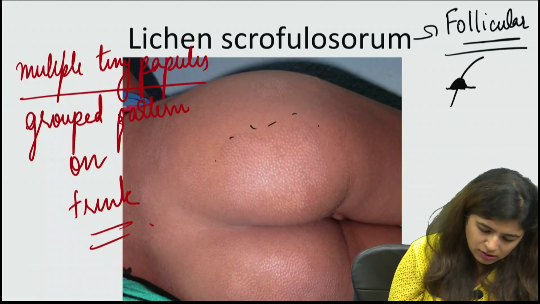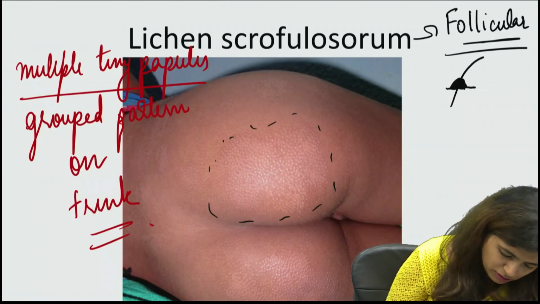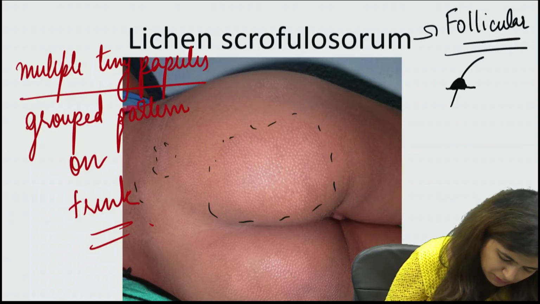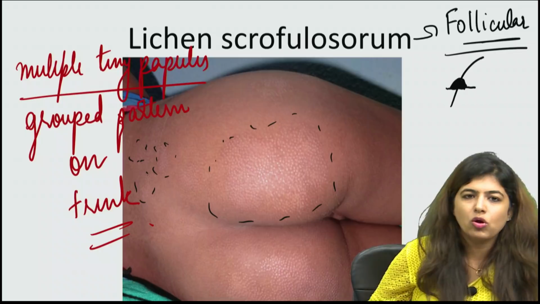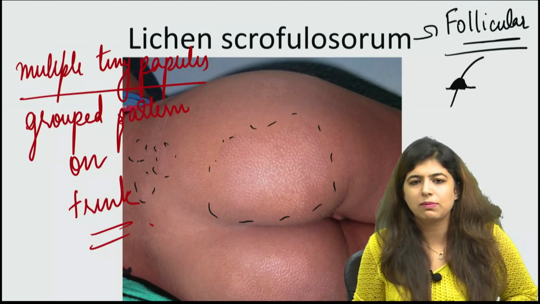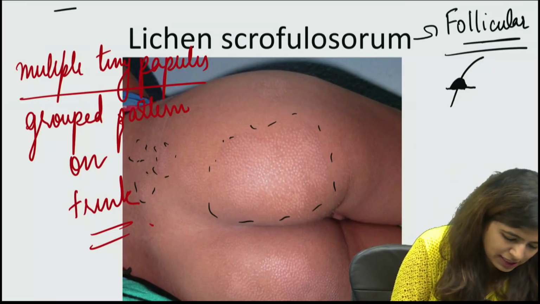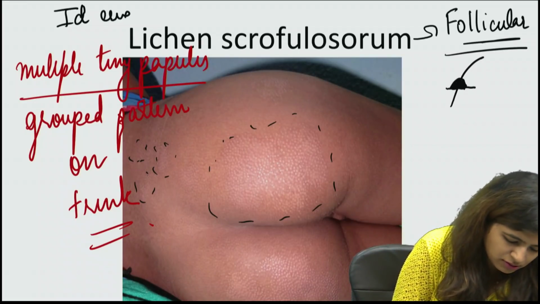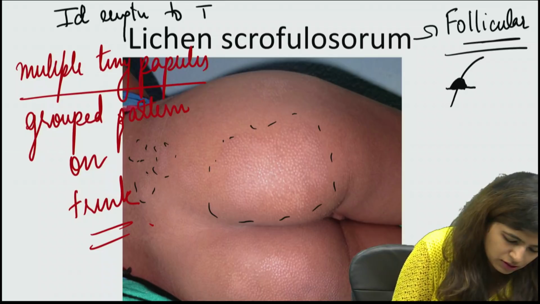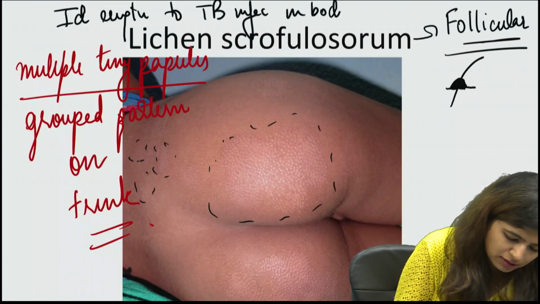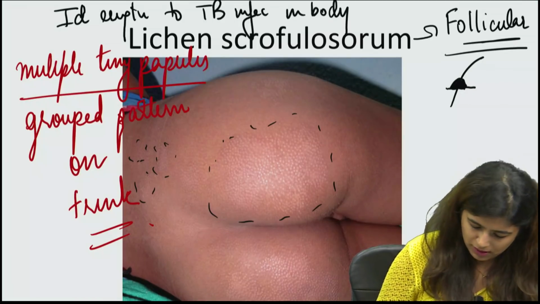However, here they are present in a grouped pattern, not as uniform type of distribution over the entire trunk. This is lichen scrofulosorum. This is actually an id eruption to tuberculosis infection in the body.